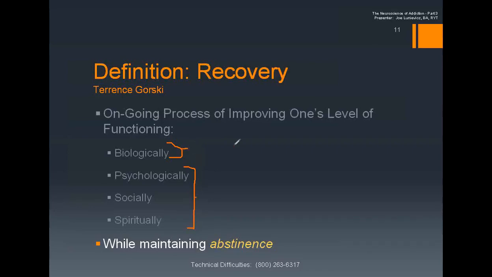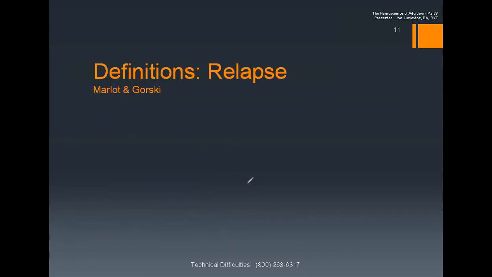And acute withdrawal, as we'll go over in a little while, is again our first week or so, maybe up to first month, while post-acute withdrawal can last as long as 6 months to several years, depending upon the factors of addiction that are influencing it. All of this, again, of course, while maintaining abstinence.